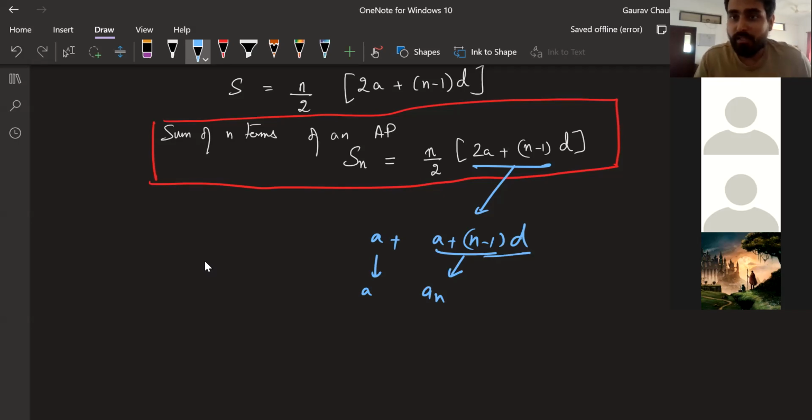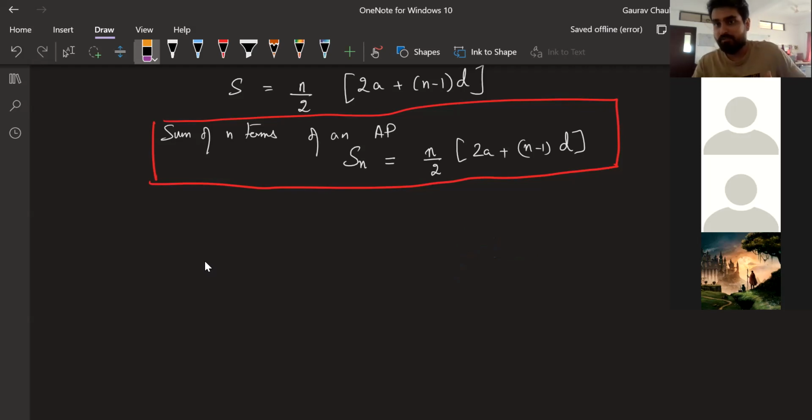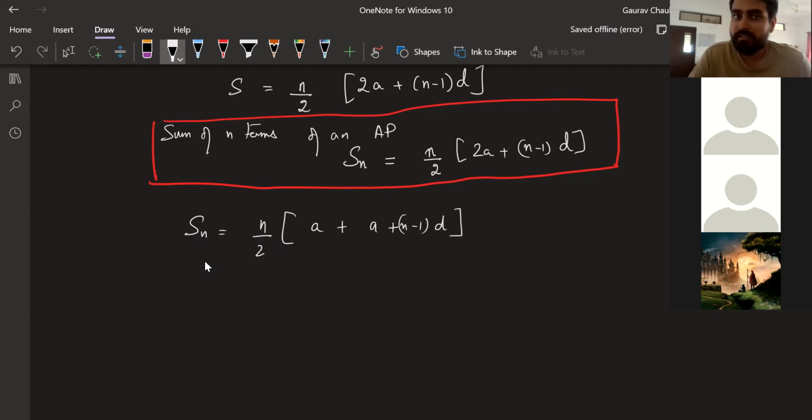So our formula can also be written another way. Suppose you are not given A and D, you can write the formula like this also. I'm just going to write that down again. So Sn is equal to n by 2. Everything else remains same. Just write A plus n minus 1 into D, and this thing I want you to mark as AN.